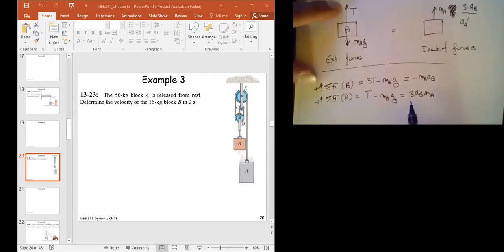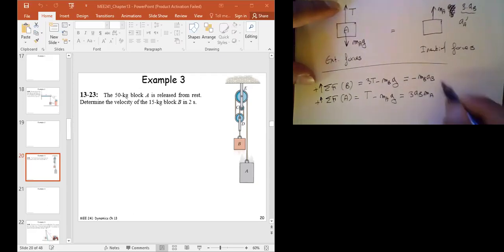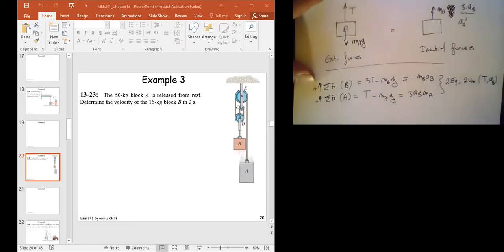The goal is we're trying to find the acceleration of B. How can I find the acceleration of B based on this? How many equations do I have here? 2. And how many unknowns? 2 also. Which are T and AB.